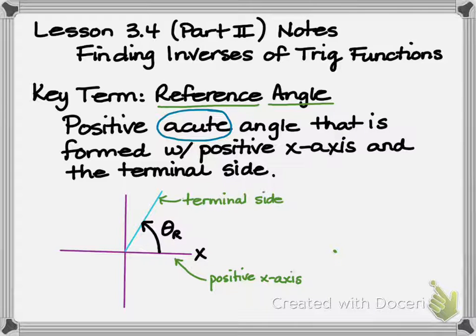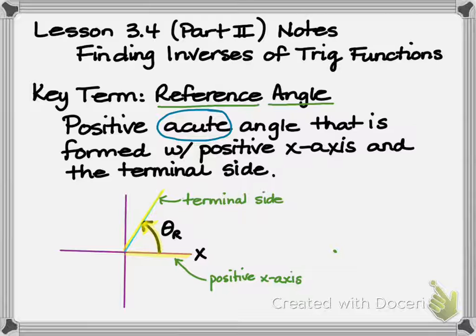So it must open from the beginning where this yellow highlighted line is. That's called the positive x-axis. And then the angle, we're going to call it theta sub r, is going to open up a certain distance. And eventually it's going to stop opening up at the blue line, which is called our terminal side.